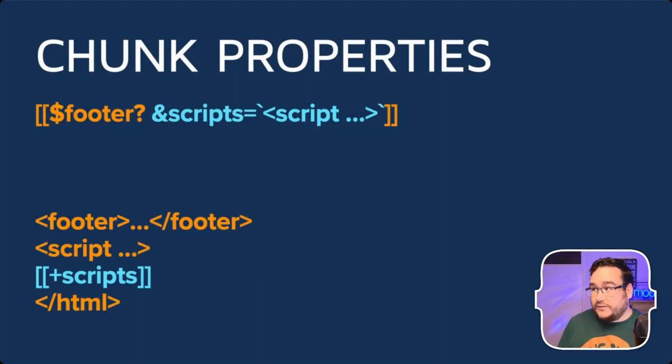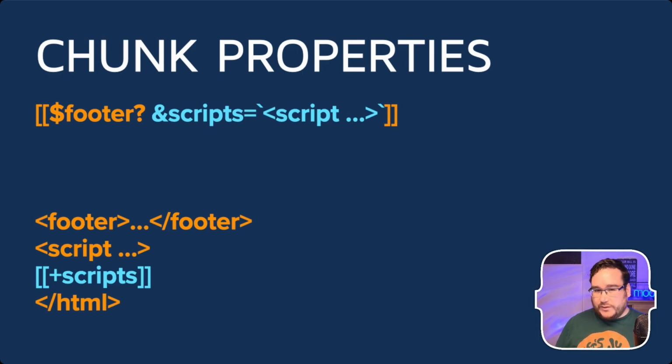What you can do in that case is add a property to your footer chunk. In this case, we have our footer chunk and we add property scripts in which we can apply any sort of script tag or anything else that we want to include in there. In the chunk itself, we use the scripts placeholder to insert this code wherever we want it to go.